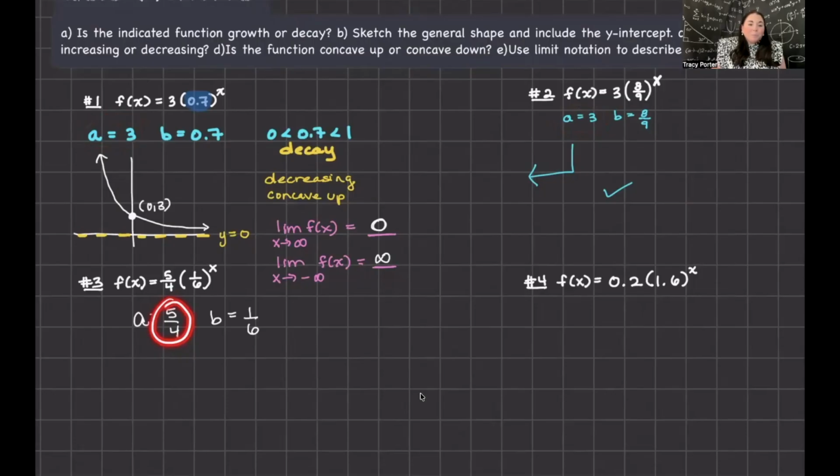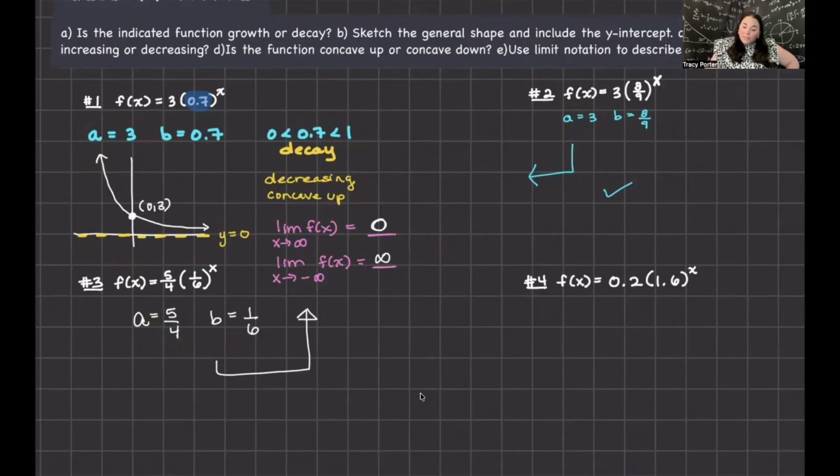If we plotted more points, you would see a difference there. But the general shape for all of these is going to look like this. And because B is between 0 and 1, these are all going to be the same thing. So for this one, all of it still looks like that.